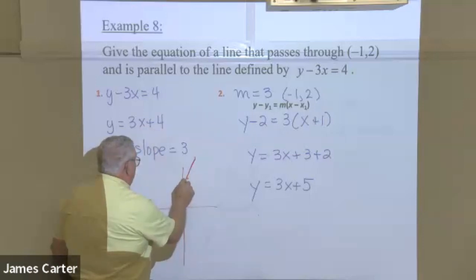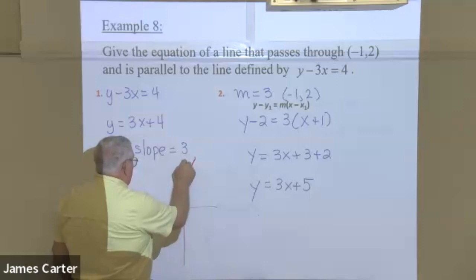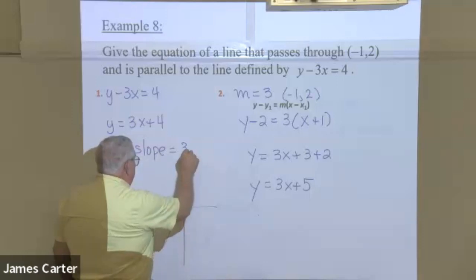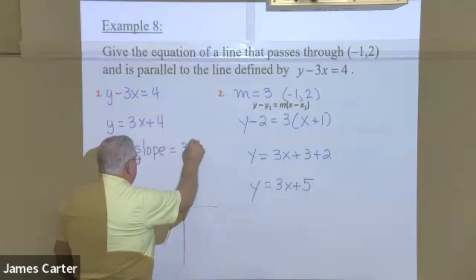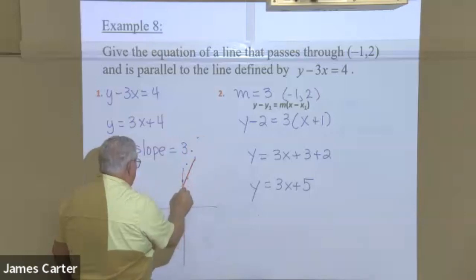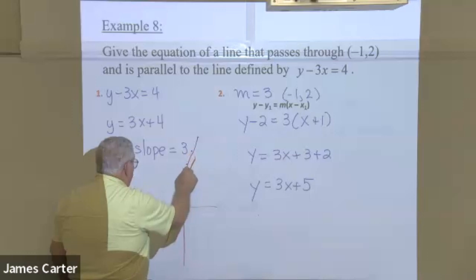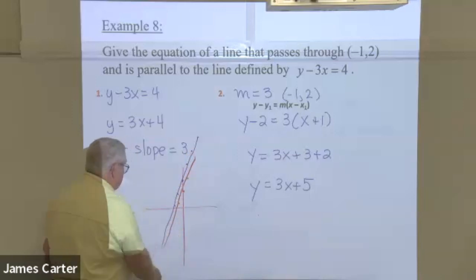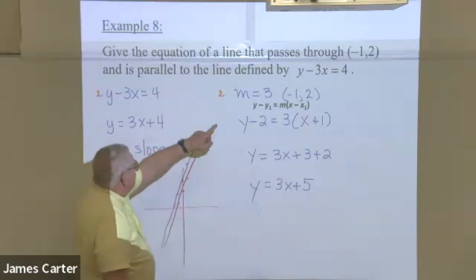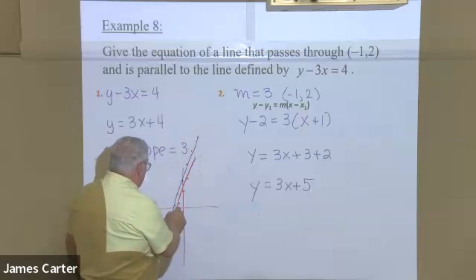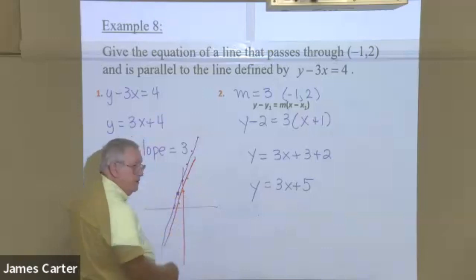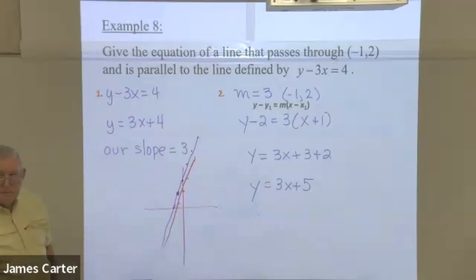So up here is 5, and it would go up 3 and over 1, and up 3 and over 1, and down 3 and over 1, and it would in fact be parallel to that one, and it would also go through the point -1, 2.